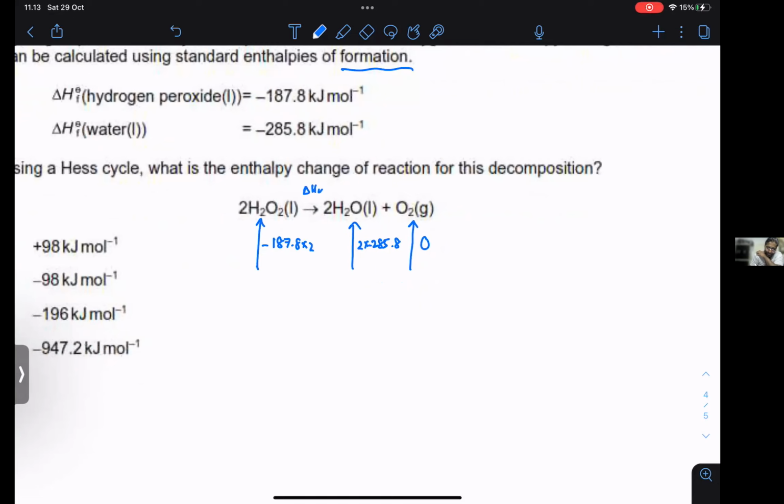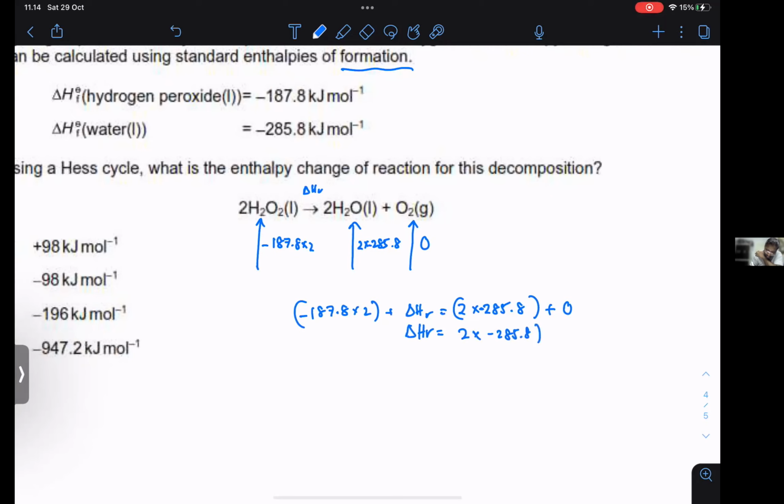Clockwise equals anti-clockwise: negative 187.8 times 2 plus enthalpy change of the reaction equals 2 times negative 285.8 plus 0. So this will be plus 187.8 times 2, and you will get the answer.